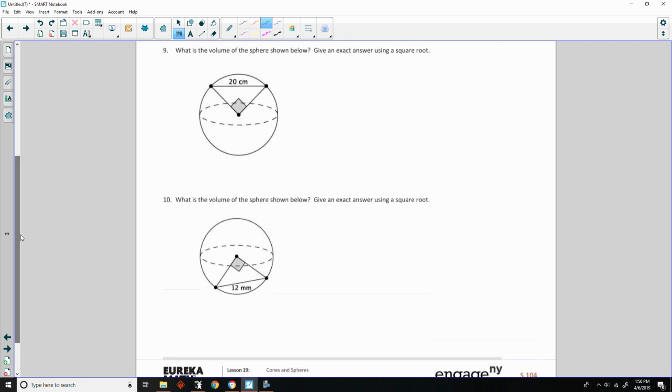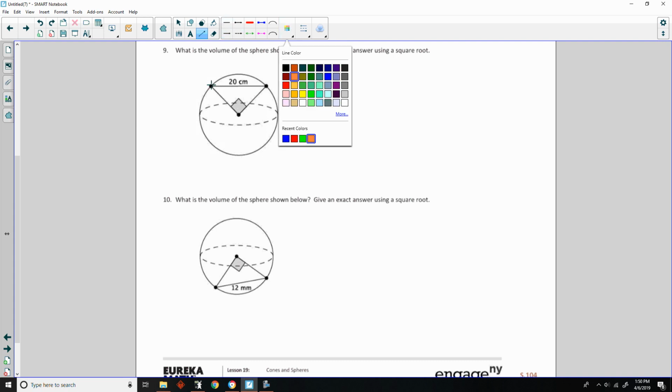Number 9. What is the volume of the sphere shown below? So here we are given the chord length of 20. So this is our given. We know the length of the chord. What we don't know is the radius.